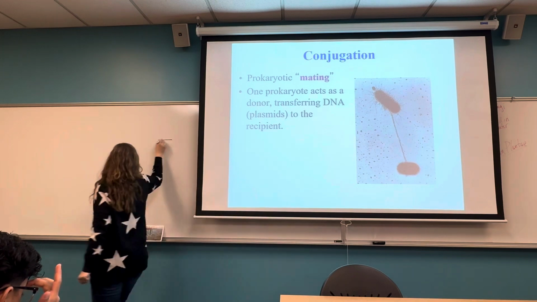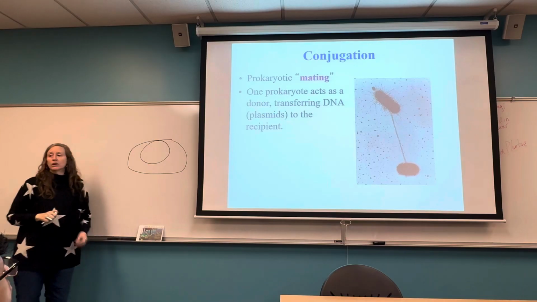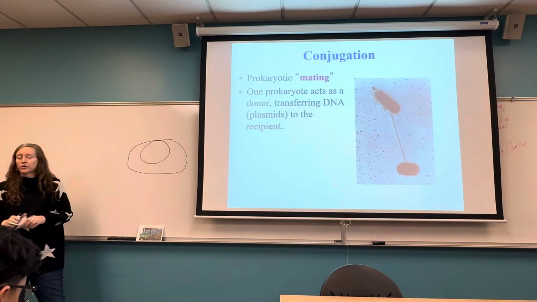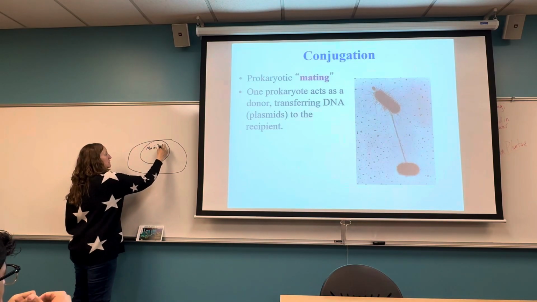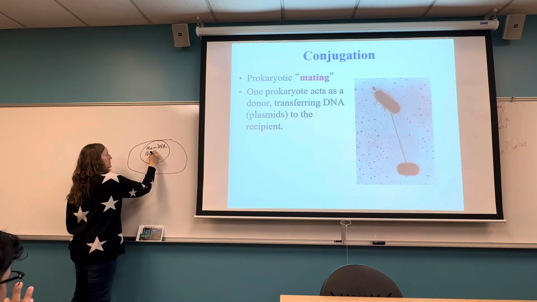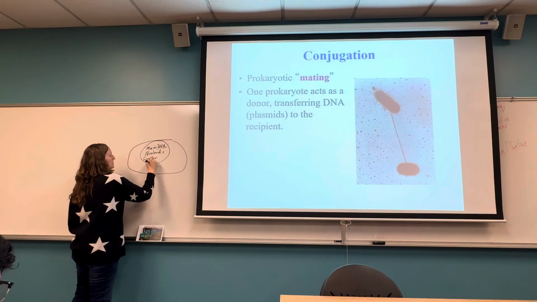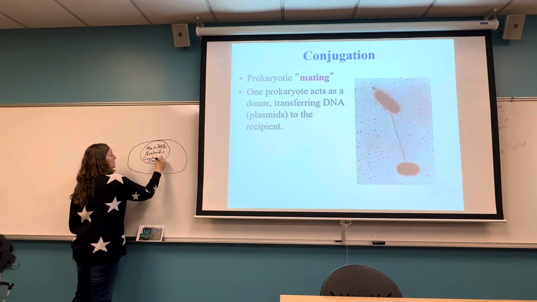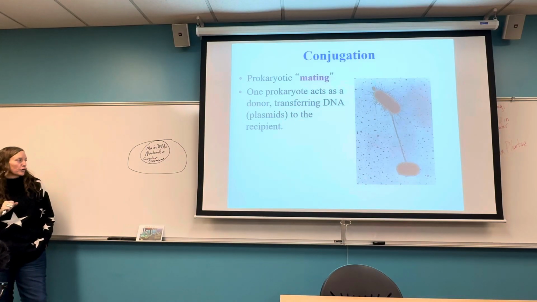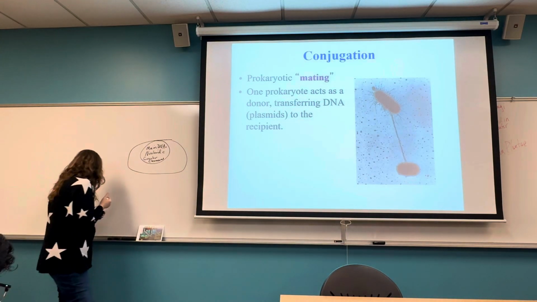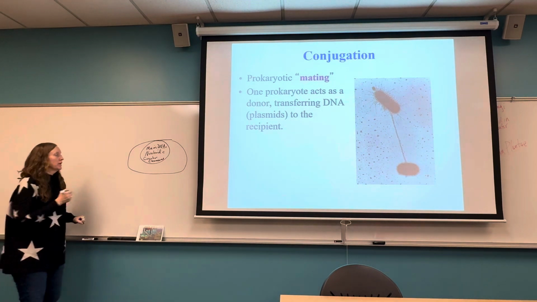Now, prokaryotes in general have one circular chromosome called a nucleoid. They've got this one main piece of DNA, it's called a nucleoid, it's a circular chromosome, but they also have other pieces of DNA that float around in their cytoplasm.